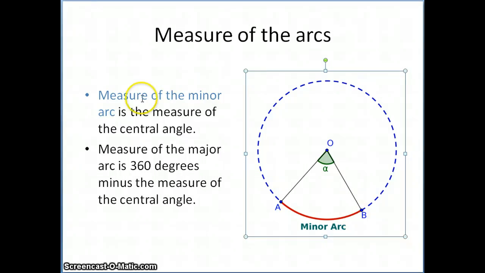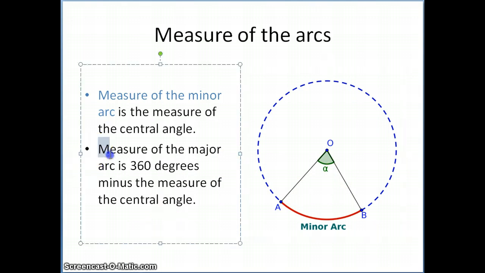But here, when we talk about the measure of a minor arc, we simply use the angle. So when we say the measure of the arc, it's the same thing as saying the measure of the central angle. Similarly for the measure of a major arc. So this is a little bit different.